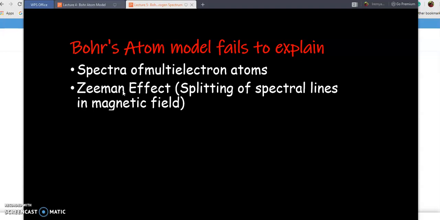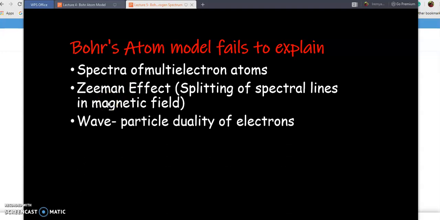It is observed that when the source of a spectrum is placed in a strong magnetic field, each spectral line is further split into a number of lines. This is called Zeeman effect, which cannot be explained on the basis of Bohr model.